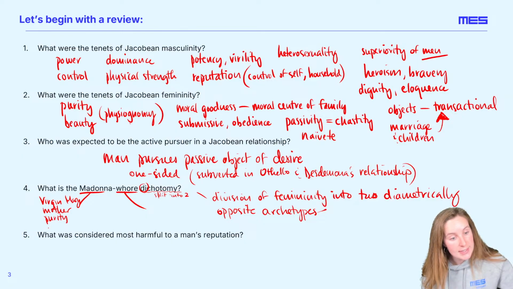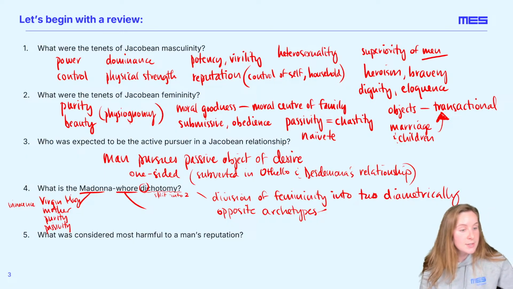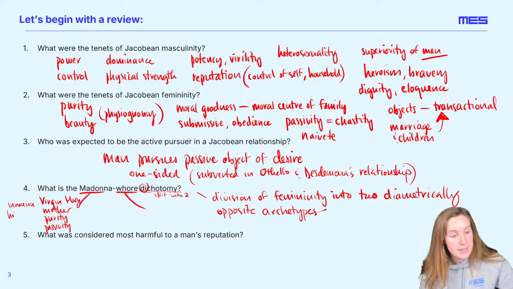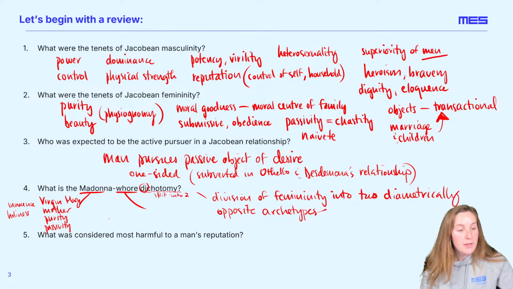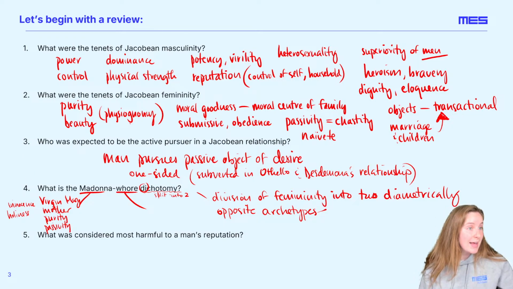There's this idea of passivity here, innocence, etc., holiness, divinity here. And this was the ideal to which someone like Desdemona is held. For example, we see that Cassio calls her divine Desdemona.